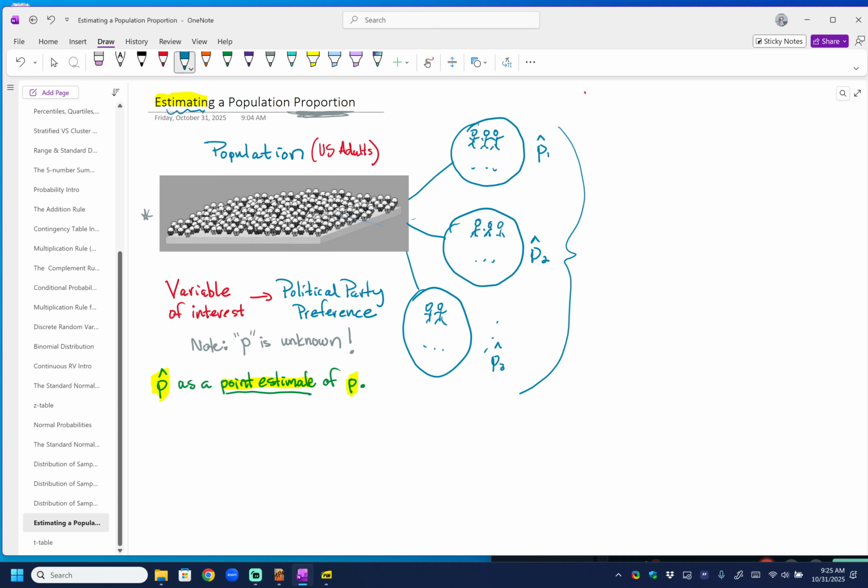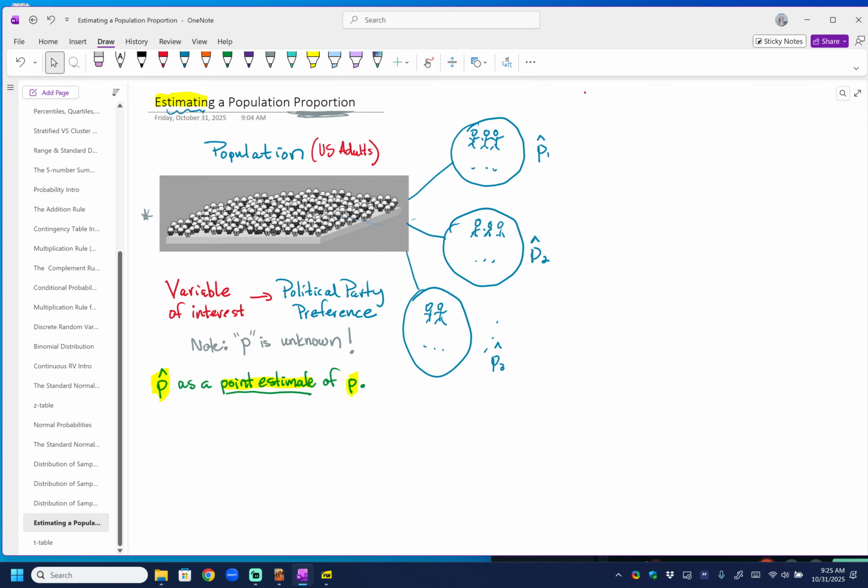They could be the same, but they're likely to be different. In other words, there's a lot of variability among all of those sample proportions that we take. So therefore, using it as a direct replacement for the population proportion P would not be a good idea.